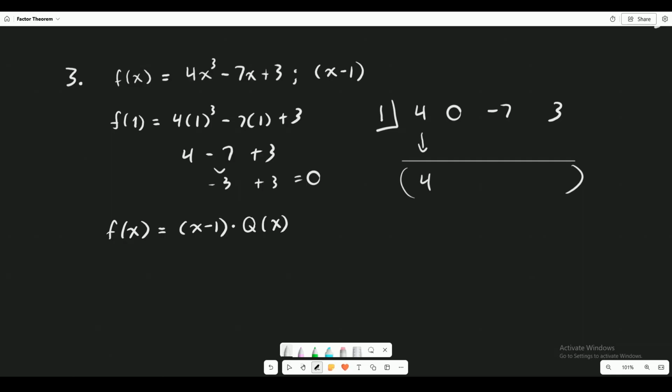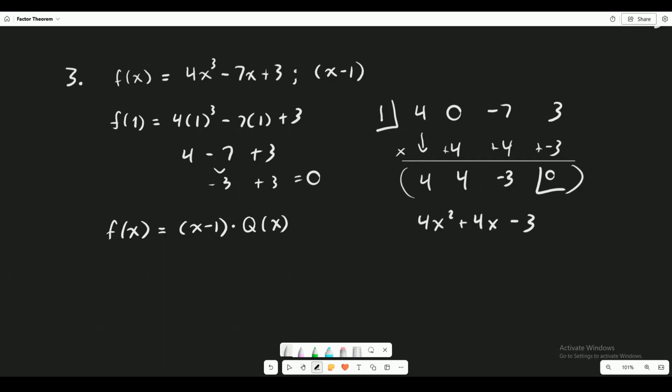Drop the 4. 1 times 4 is 4. Add it. 4. 1 times 4 is 4 again. Add it. Negative 3. 1 times negative 3 is negative 3. Add it. 0. So my q of x is 4x squared plus 4x minus 3.